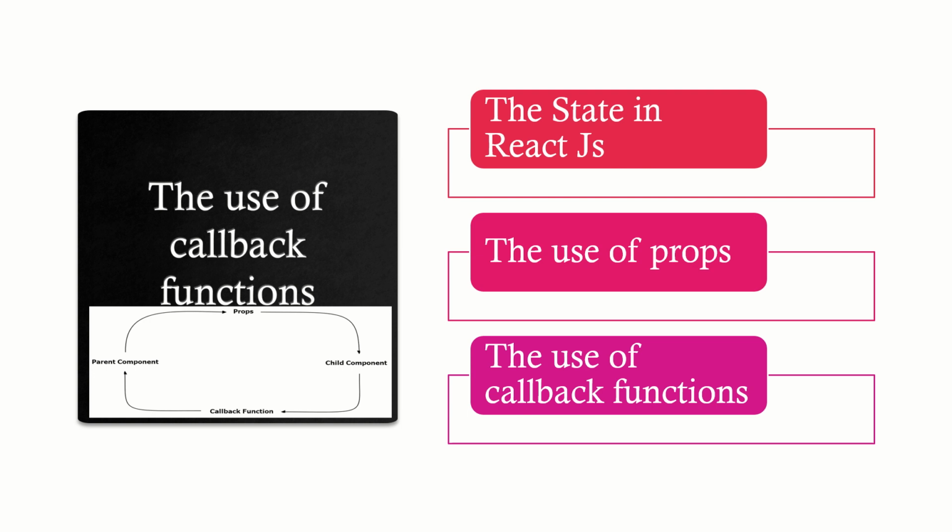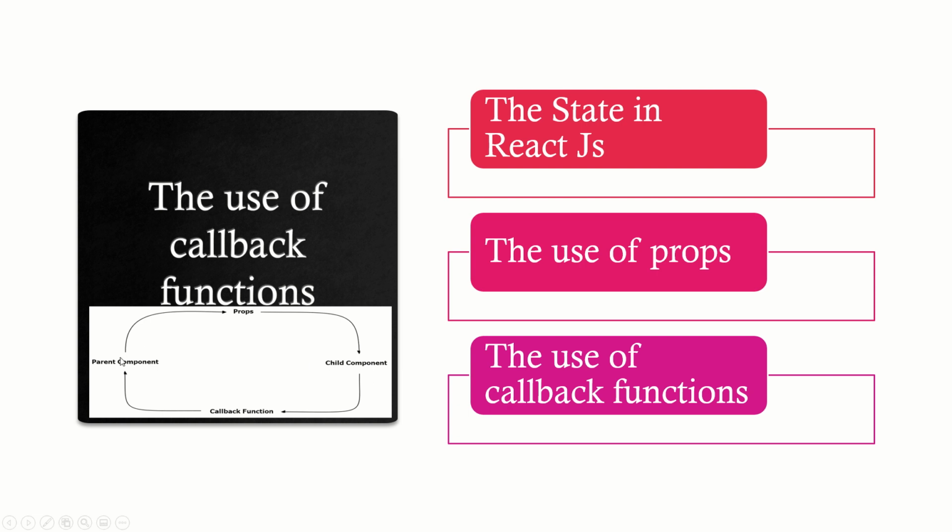For example, imagine this. You have the parent component, and it uses the props to pass some values to the child component, right? And after, to pass from the child to the parent, we will use a callback function to pass some value to the parent component.